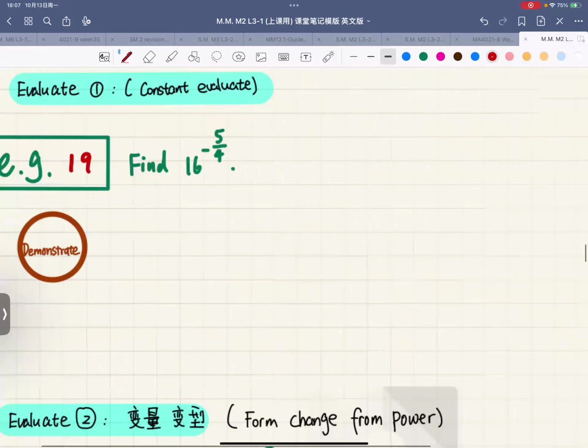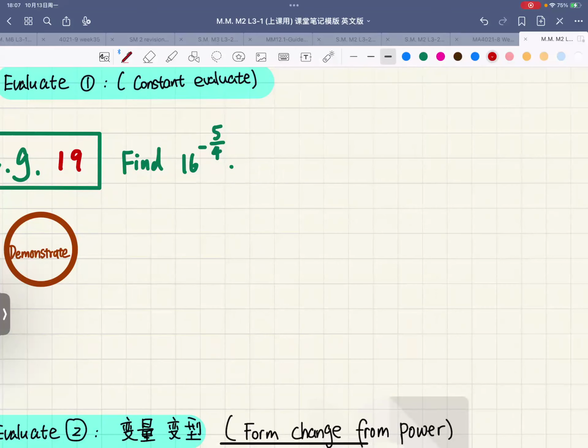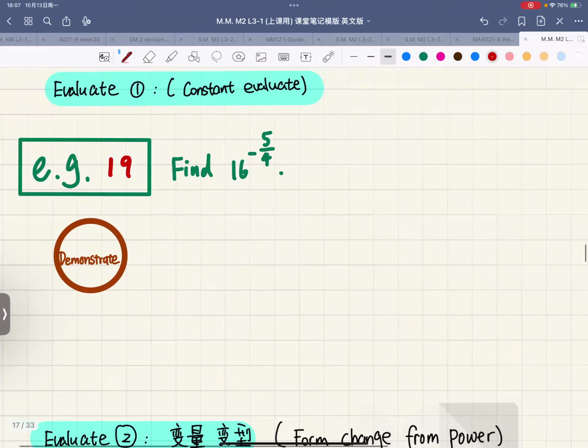Now, evaluate. Can you evaluate this without using a calculator? Yes, we can. I'll quickly go through, all right? 16 to the power of -5 over 4 basically is equal to bracket 16 to the power of 1 over 4, bracket to the power of 5, bracket to the power of -1.